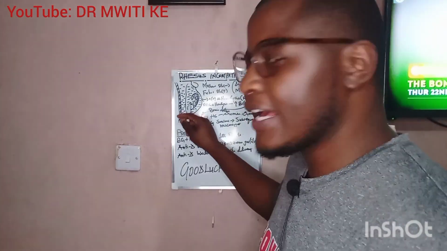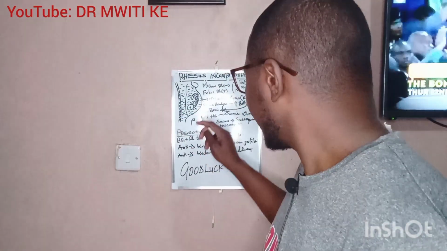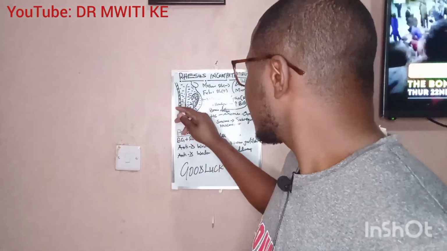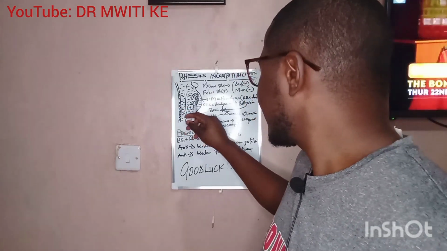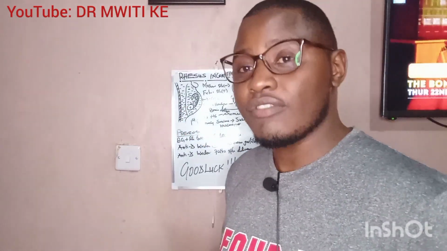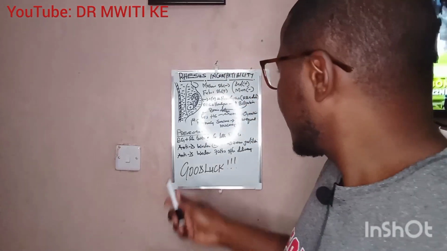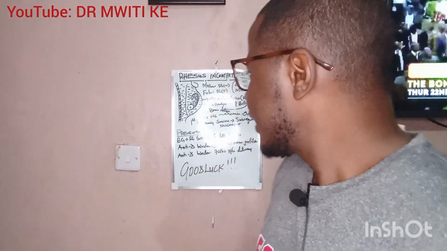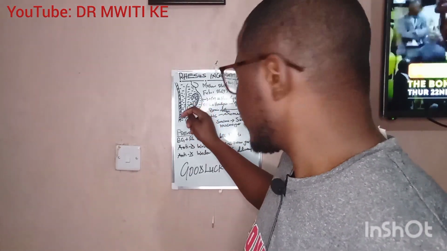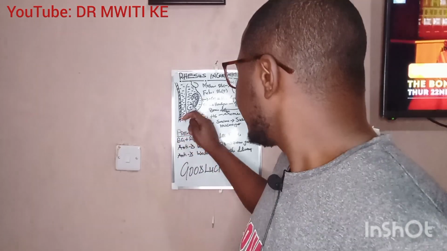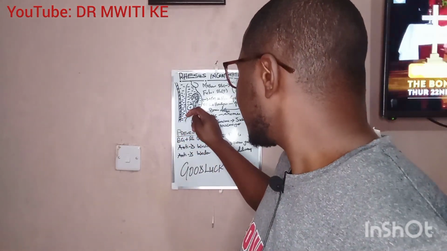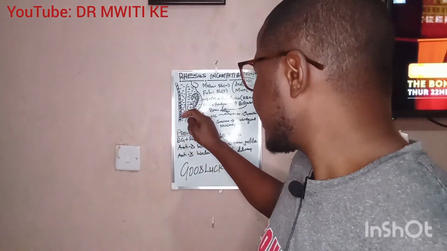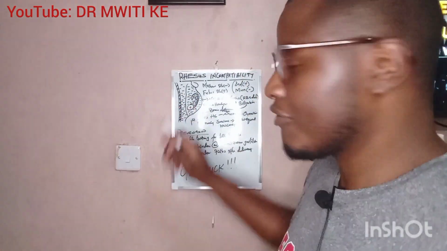Now, these cells of the mother tend to develop some antibodies so that they will attack the Rhesus positive of the fetus. These antibodies that develop here act as an immune response because they tend to think the positive Rhesus in the fetus can cause a threat to the life of the mother.